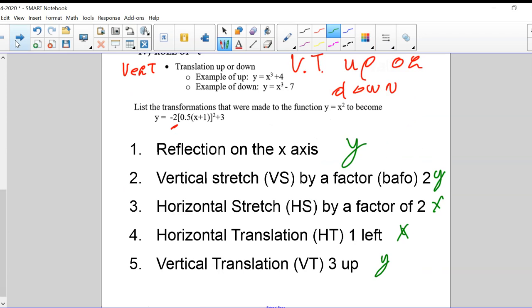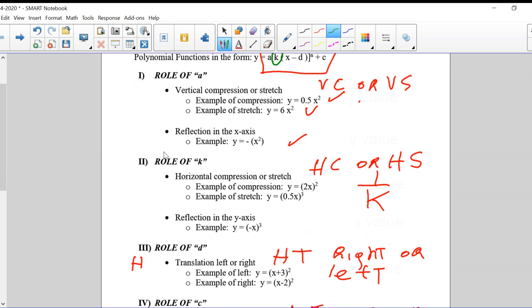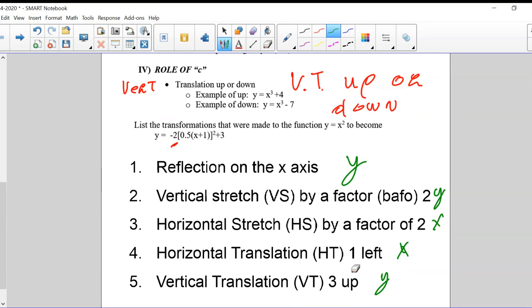Now, does it matter which one I do first? The answer is yes. Stretches and compressions and reflections come before translations. According to what this says, I should stretch by a factor of 2, which means multiply by 2, by the way, and then translate 1 to the left.